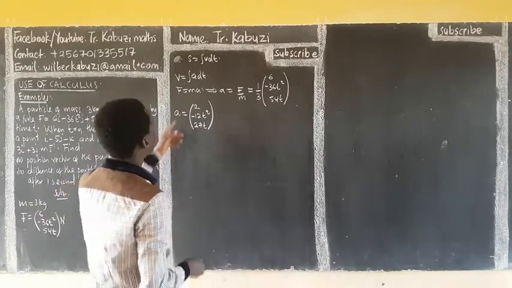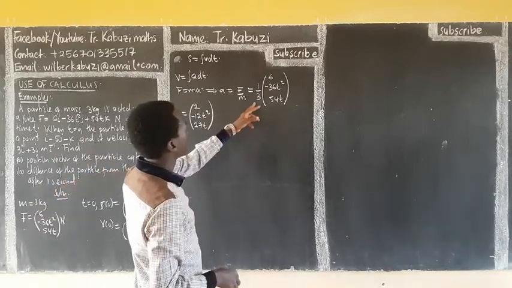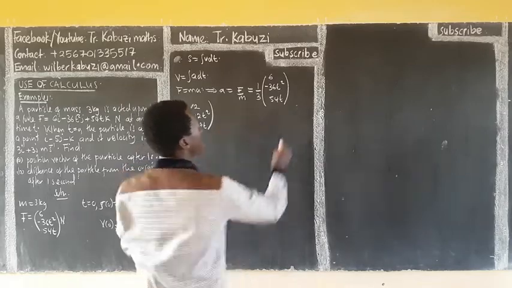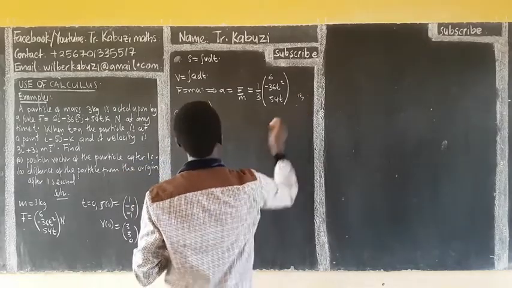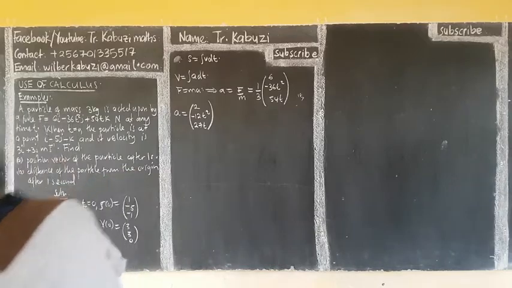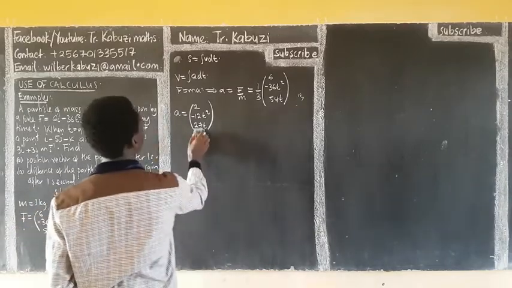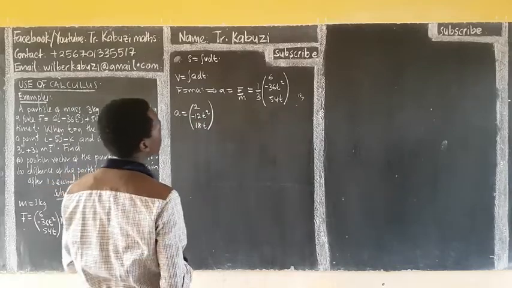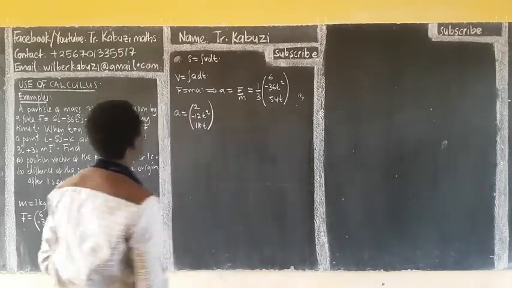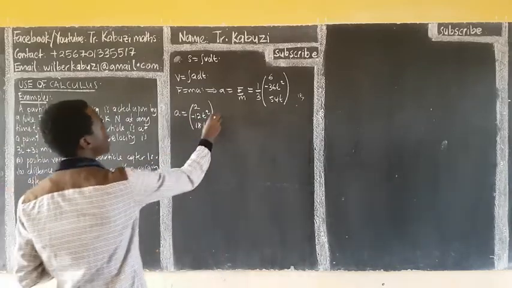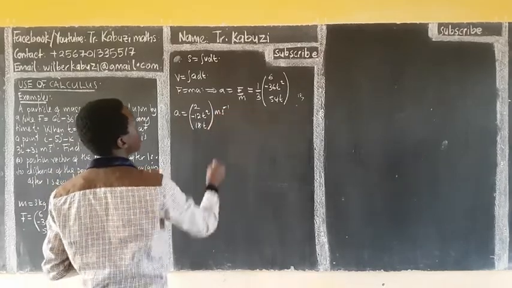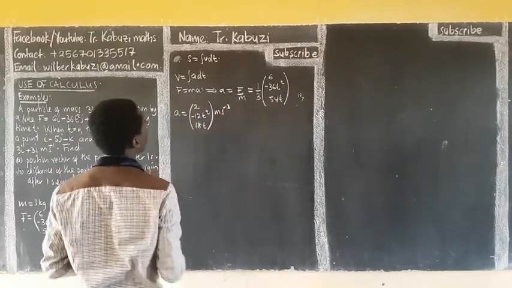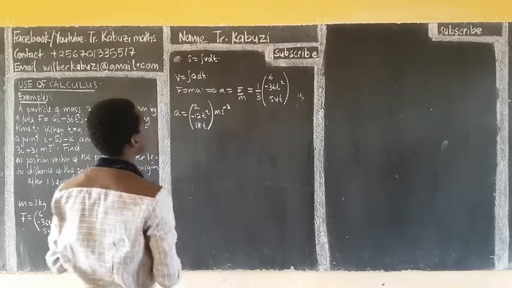Okay, so now after having this as our acceleration in meters per second squared, we are going to put it here so that we can get our v.